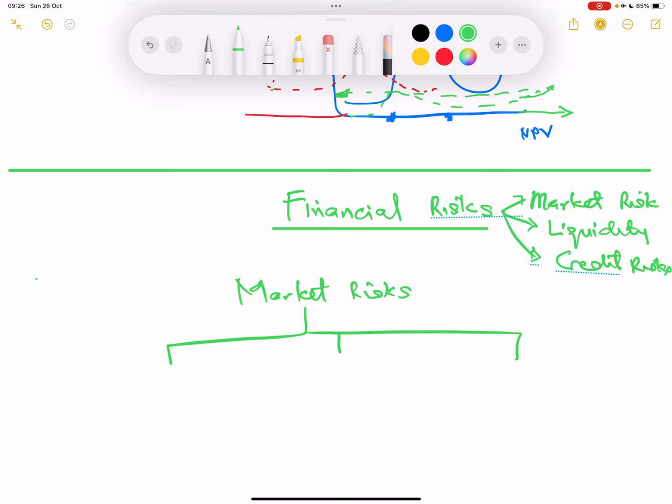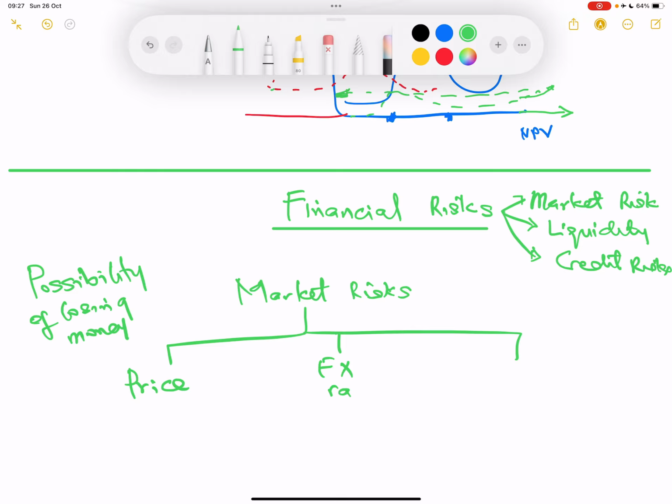So we're saying this is the possibility of losing money. Remember, that's why it's a risk. Possibility of losing money as a result of changes in the price of commodity, FX rates, or interest rate.